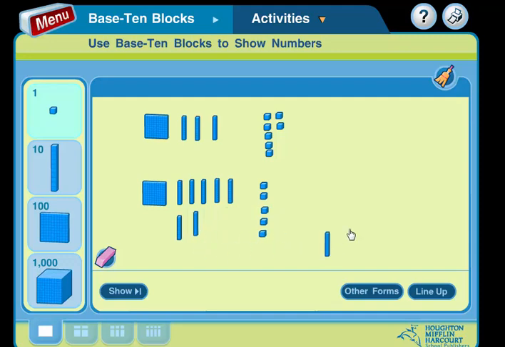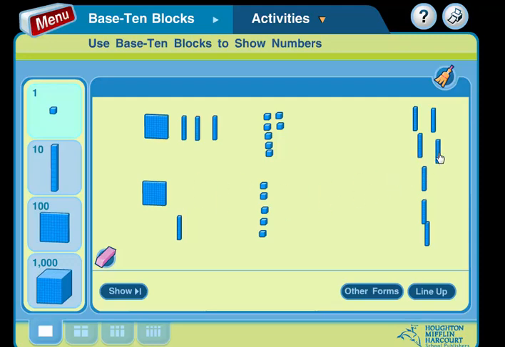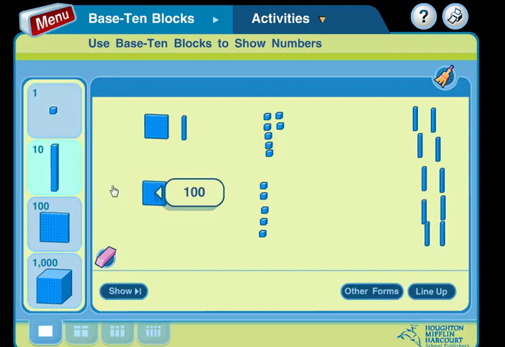So let me pull these, stick them over here. 1, 2, 3, 4, 5, 6, 7, 8, 9, 10. So remember on the last one, 10 tenths is 1. Okay, so I'm going to remove these 10 tenths and replace it with a 1.